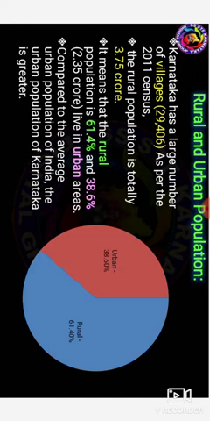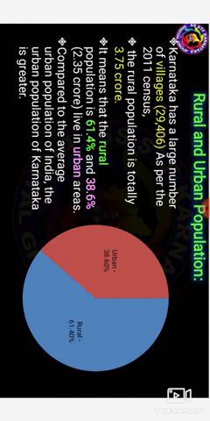And the next one, the rural and urban population. We have to know that Karnataka has a large number of villages, 29,406 as per the 2011 census. The total rural population is 3.75 crore.